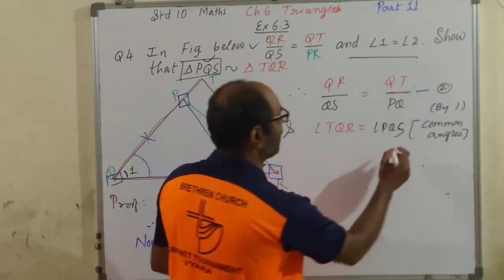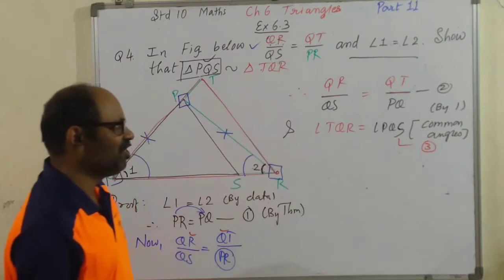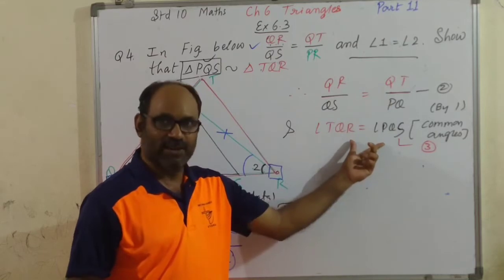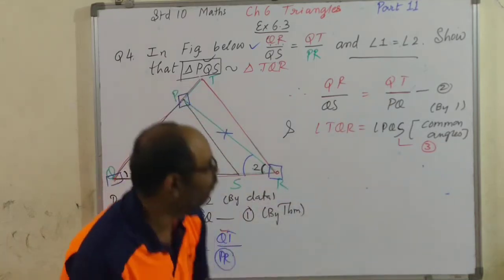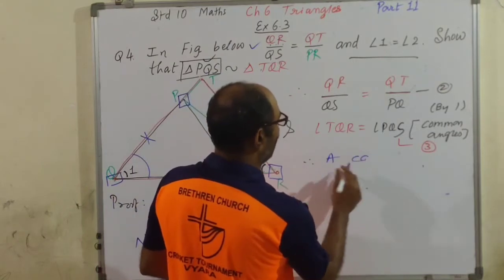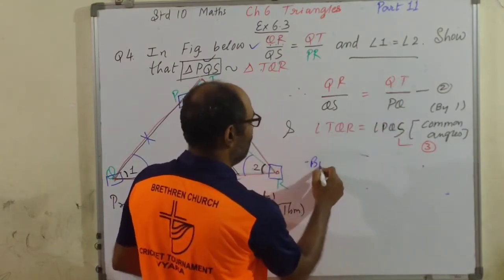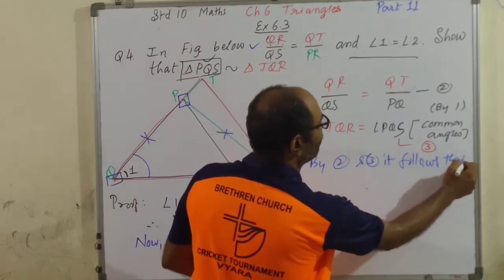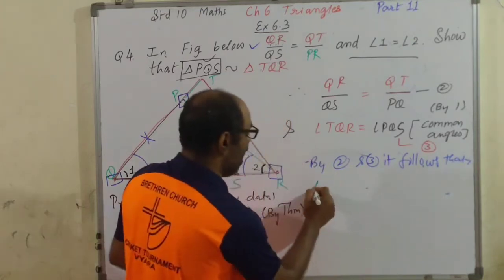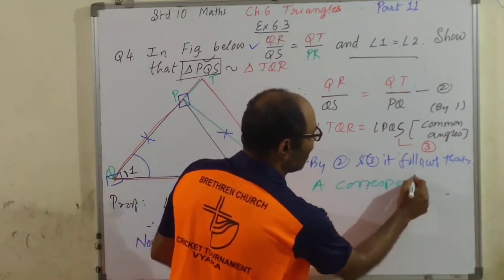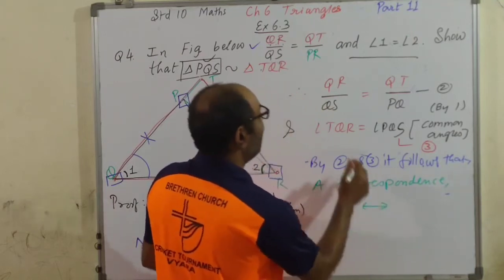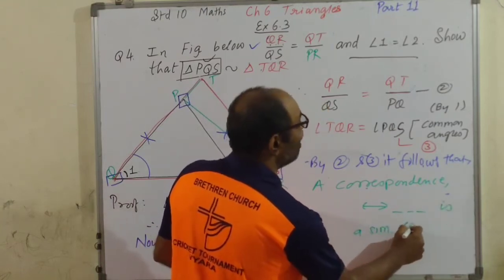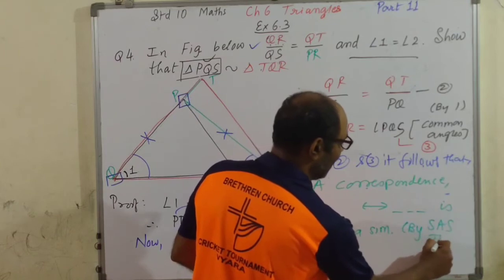Call this result 3. Corresponding sides are in the same proportion and included angles are equal. Therefore, by 2 and 3, it follows that a correspondence is a similarity by SAS theorem.